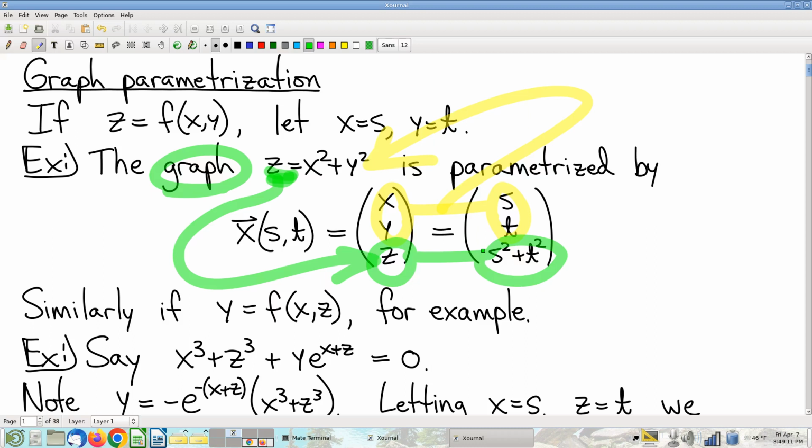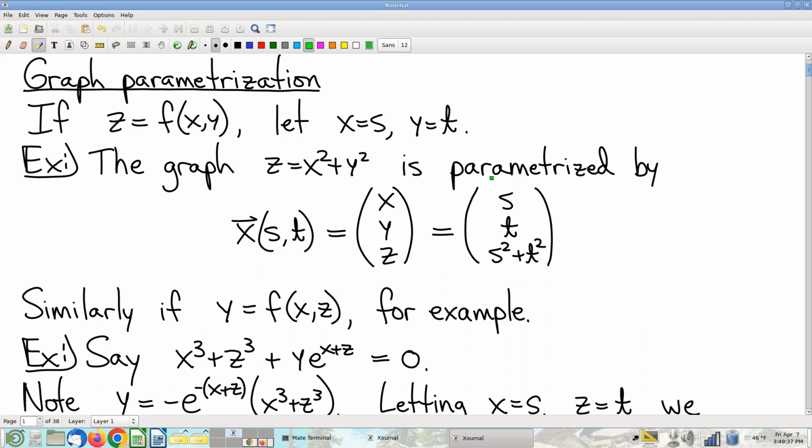You don't have to decide to do that. You have to do that, right? So all you really decided, the only choice you had was to make this clever choice to let the input variables be the parameters, and everything just falls into place. So just remember that one trick: the input variables are the parameters, and it all works out.